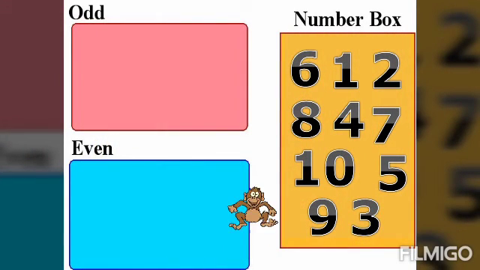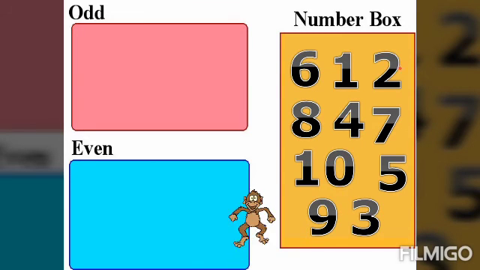This is another activity. So we are going to classify the odd numbers and the even numbers in this box. In this number box, we have 6, 1, 2, 8, 4, 7, 10, 5, 9, and 3.